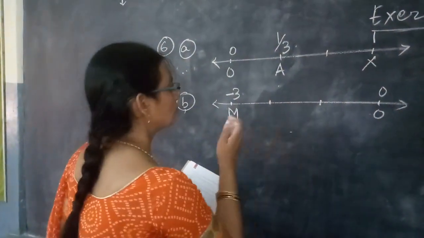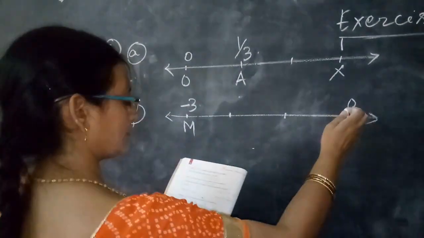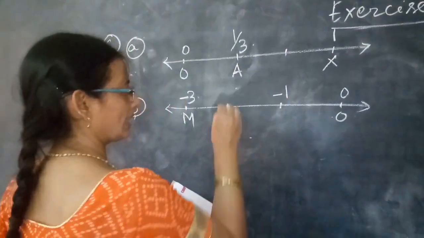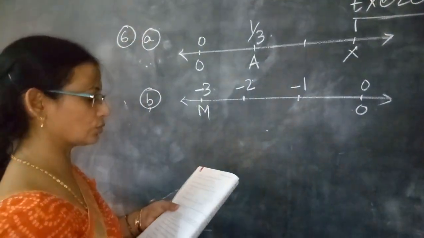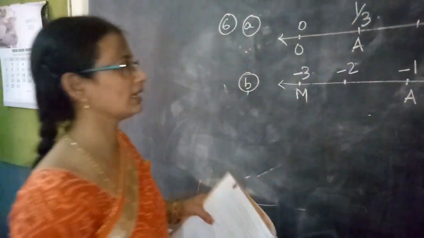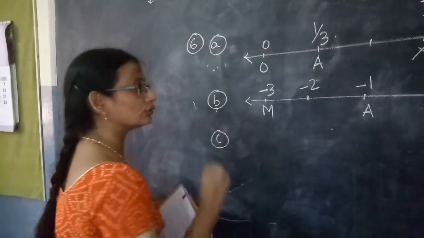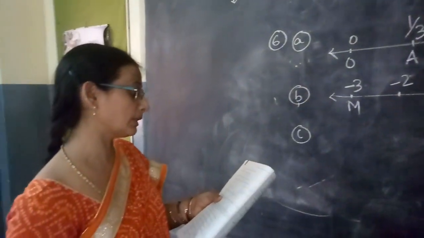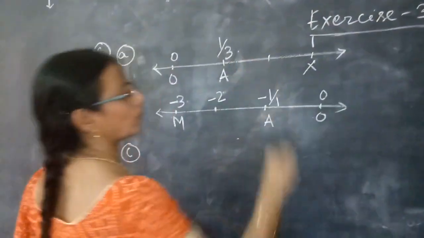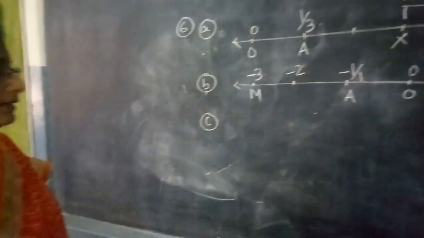From O to M it is divided into three parts, with 0 and minus 3 at the ends. So here you will write minus 1 and minus 2. A is minus 1. If it is asked as a rational number, you can write minus 1 by 1.